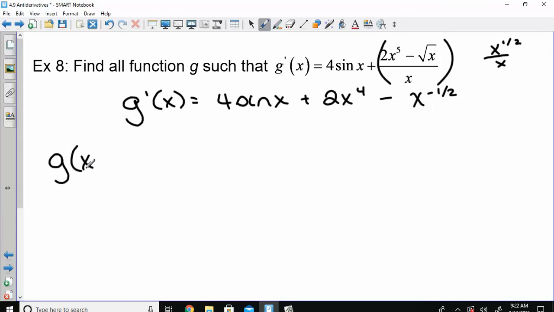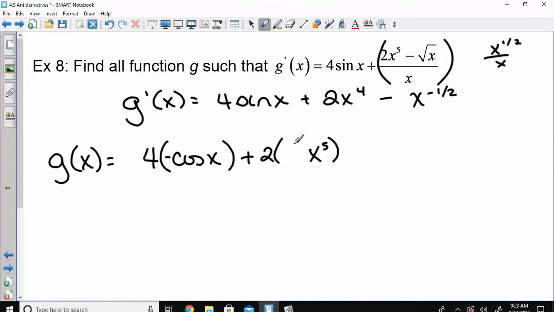So now our antiderivative, we have a 4 antiderivative of sine is negative cosine. 2, okay, x to the 4th. So if you add 1 to your power, you get x to the 5th, which means you need the 1/5 in front, minus x to the -1/2.